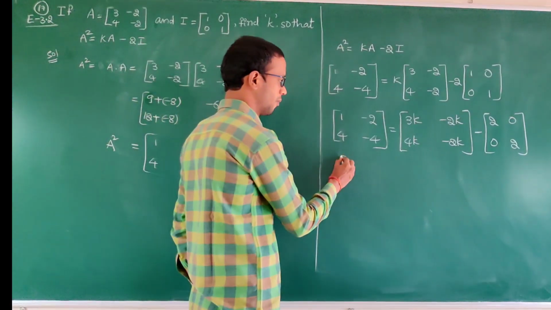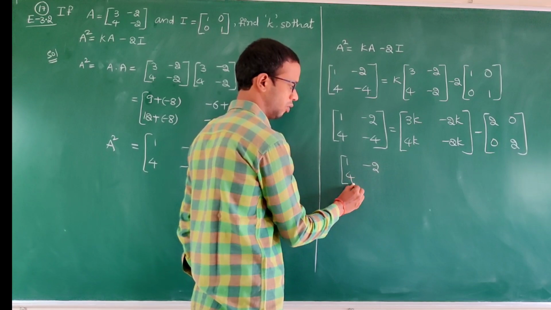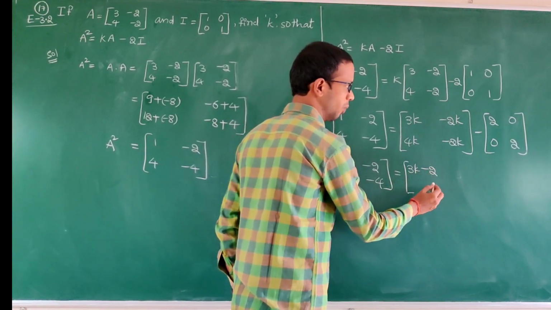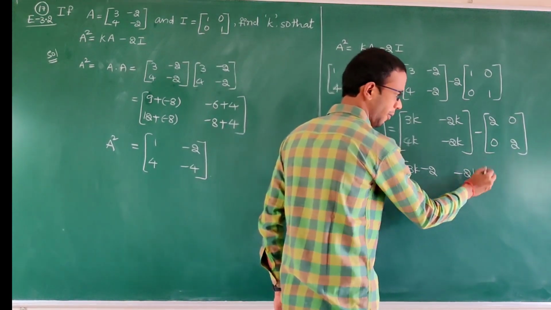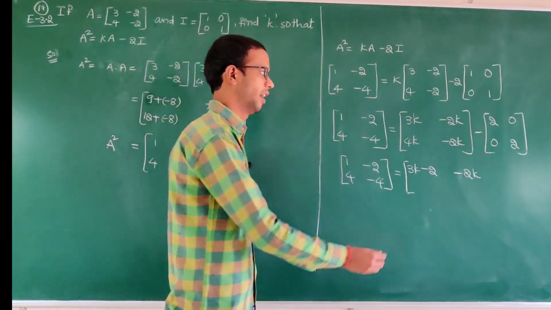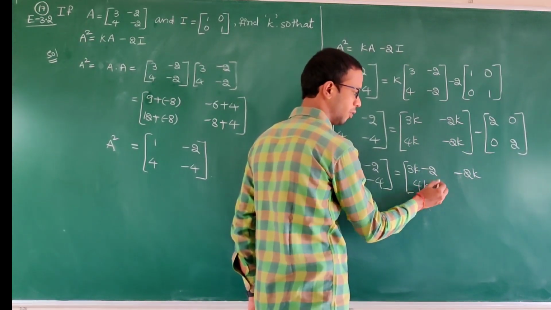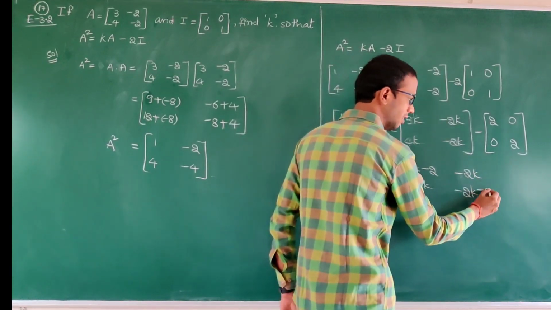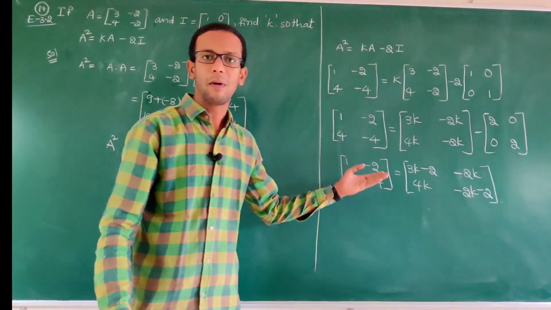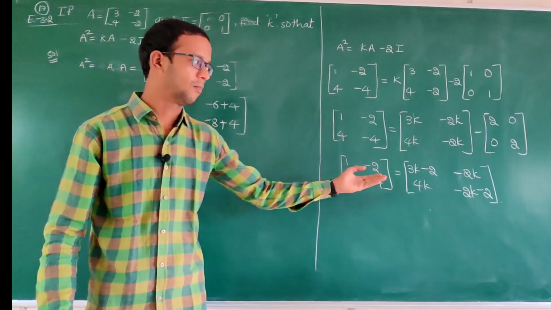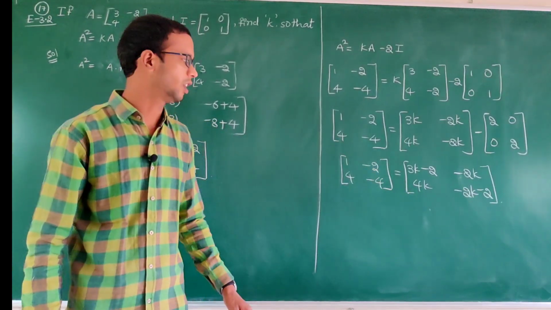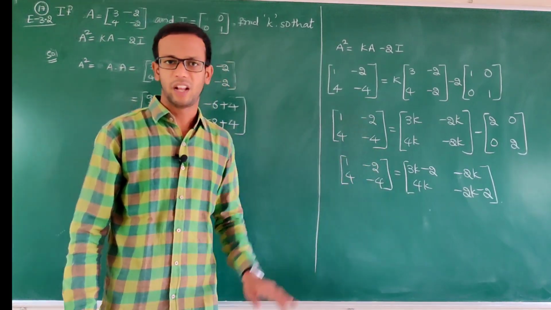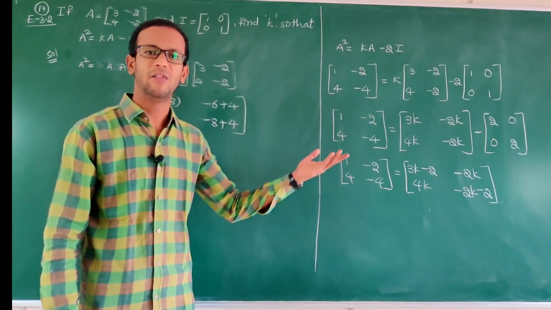So now 1 minus 2, 4 minus 4 is equal to 3k minus 2, minus 2k minus 0 is minus 2k directly, 4k minus 0 is 4k, next minus 2k minus 2. If two matrices are equal, that means the order must be the same and corresponding elements are equal. By using corresponding elements being equal, you can take any one. No need to take all values, any one comparison is enough.